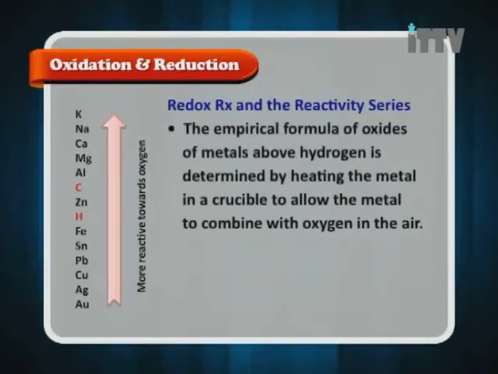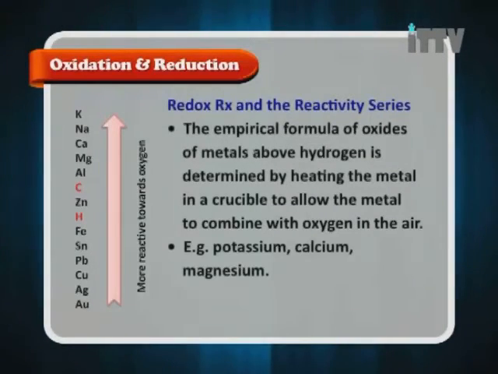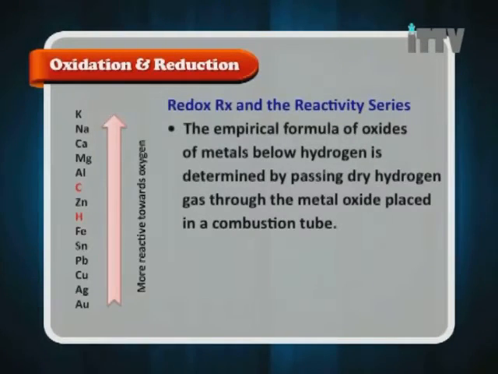So, the empirical formula of oxides of metals above hydrogen is determined by heating the metal in a crucible to allow the metal to combine with oxygen in the air. For example, potassium, calcium, and magnesium. The empirical formula of oxides of metals below hydrogen is determined by passing dry hydrogen gas through the metal oxide placed in a combustion tube.